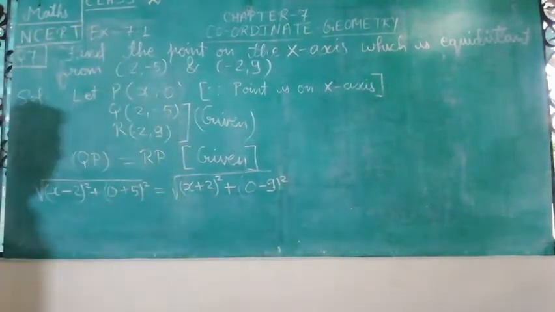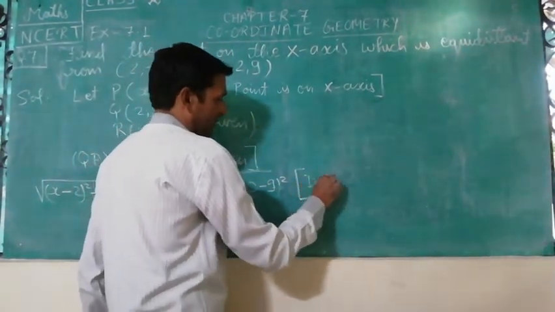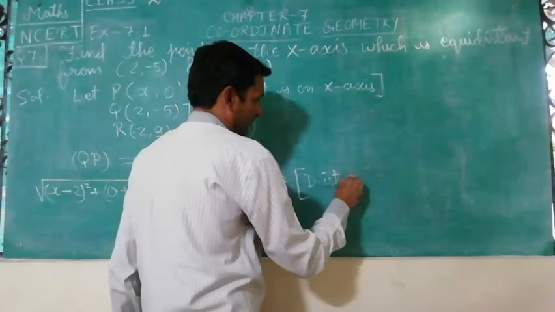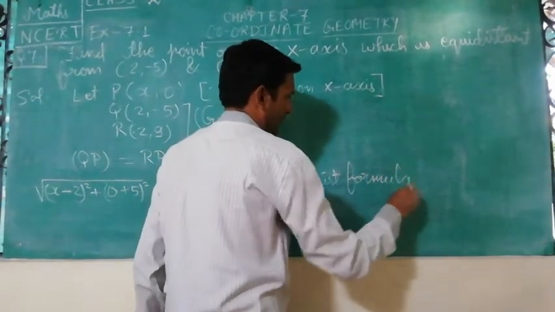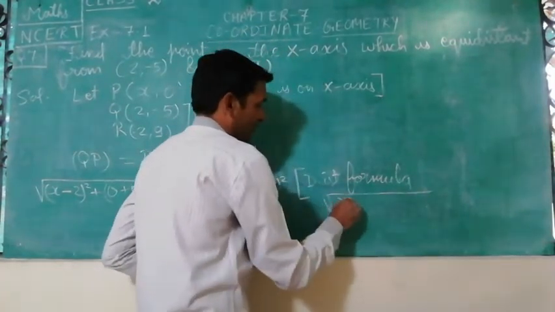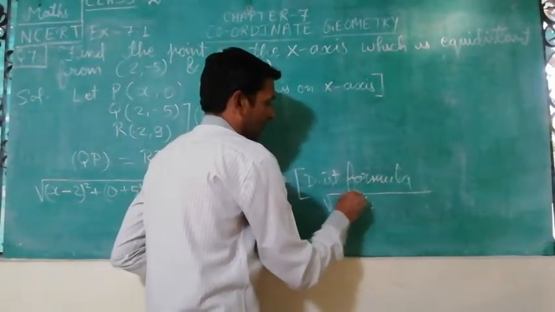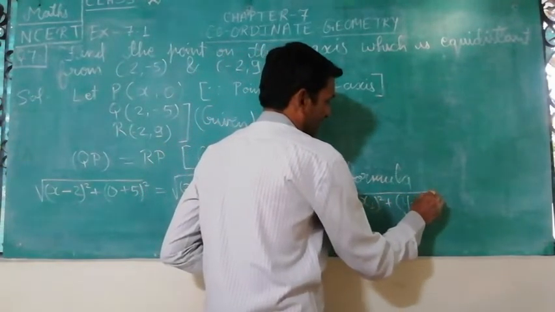Which formula we have applied here? That we know very well. It is the distance formula. What is the distance formula? It is root of (x2 minus x1) whole square plus (y2 minus y1) whole square.